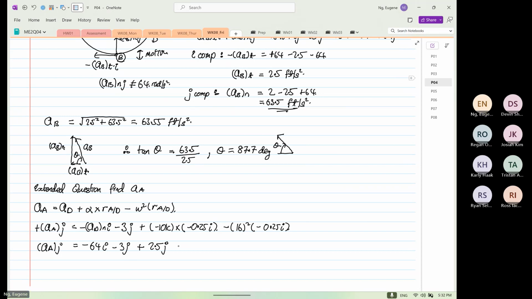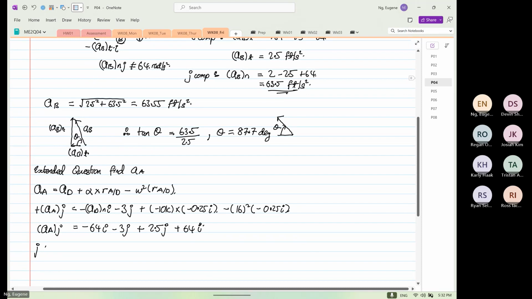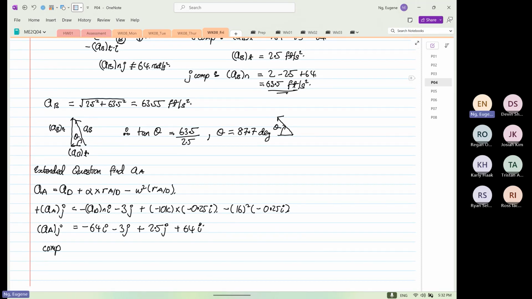So minus 16 squared, so 16 times 16 times 0.25, plus 64 I. The J component: A_A is equal to minus 3 plus 2.5, which is minus 0.5.